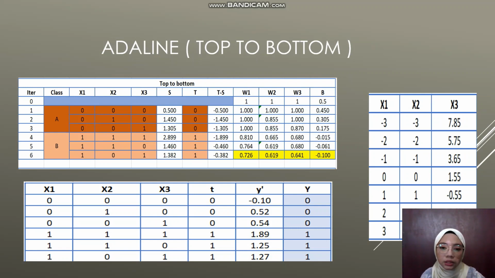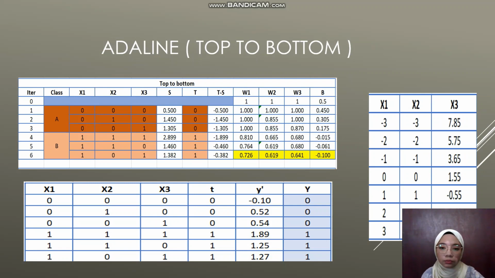To check the accuracy, we need to know that T must equal y. When T is 0, it means lower than 1, and when T is 1, it is bigger than 1. Based on the y prime value, negative 0.10 is lower than 1, so that is 0.